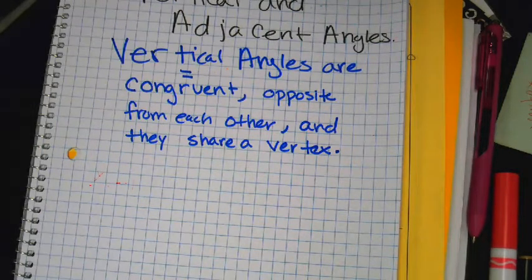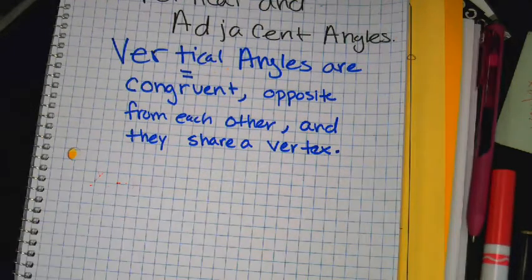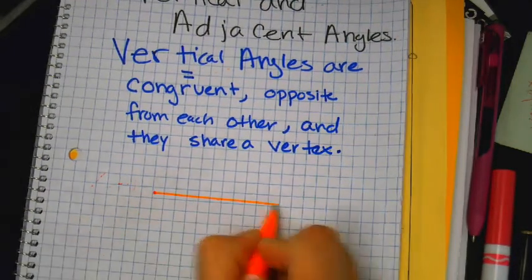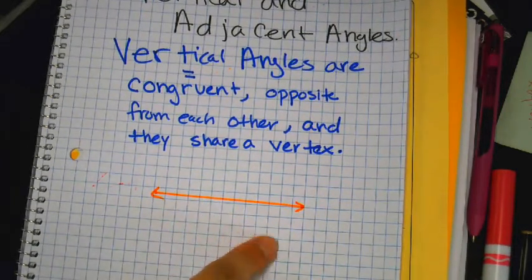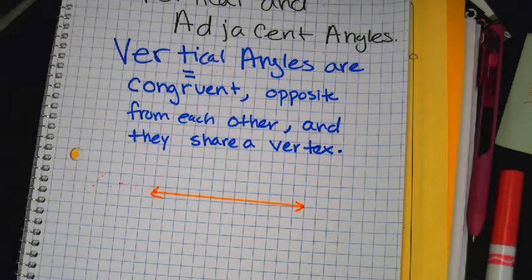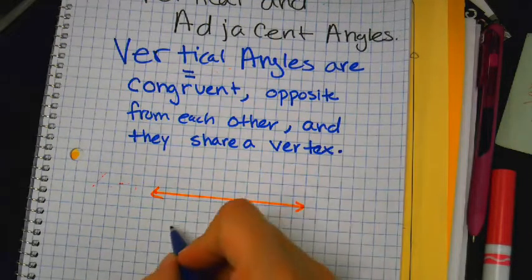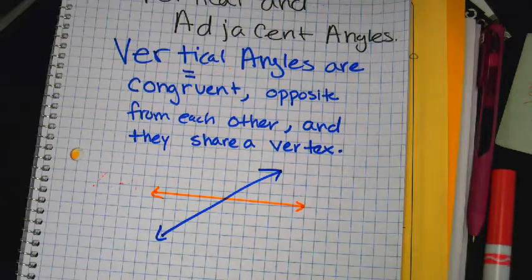Okay, so super easy. Here is a line. What does this line measure? 180. Good. And then all of a sudden, here comes this other line. Boop. And it intersects it.